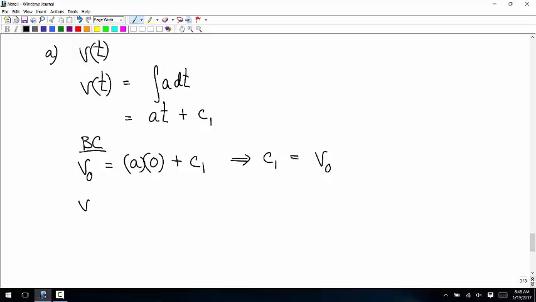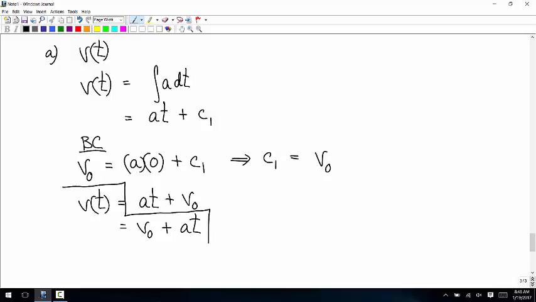And so the velocity function, v of t, is equal to at plus v0. Usually in textbooks it's written in the other order: v0 plus at, so I'm going to write it like that. That's the function for the velocity when you have constant acceleration.